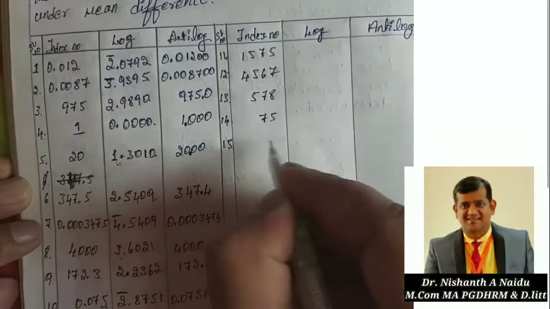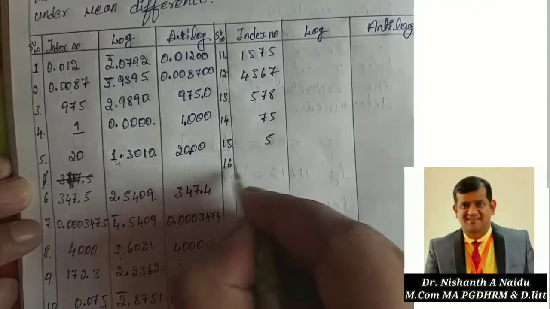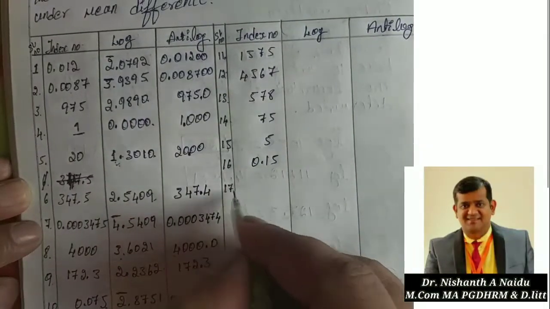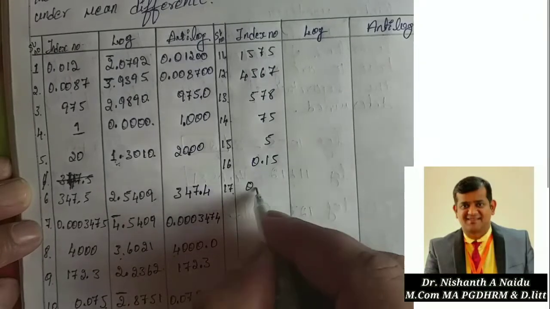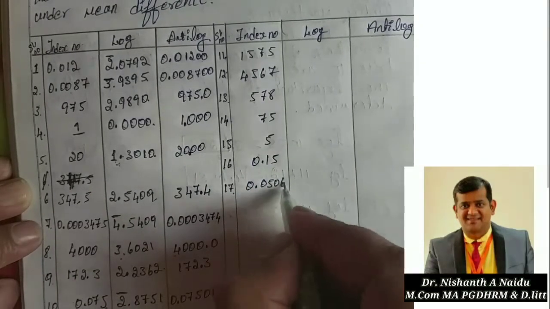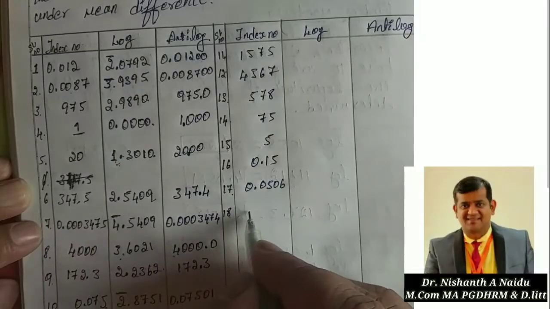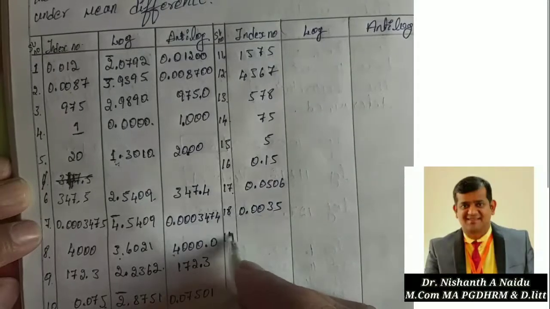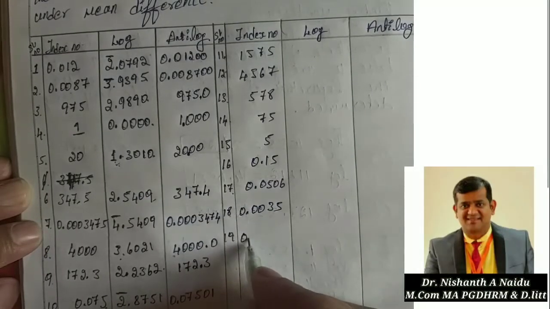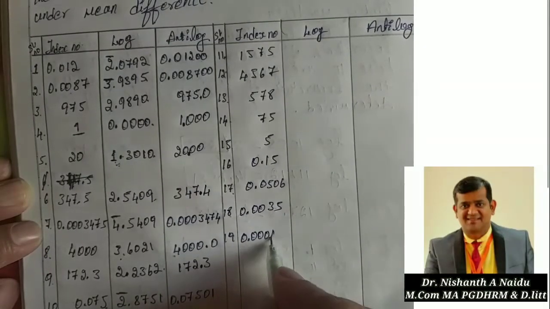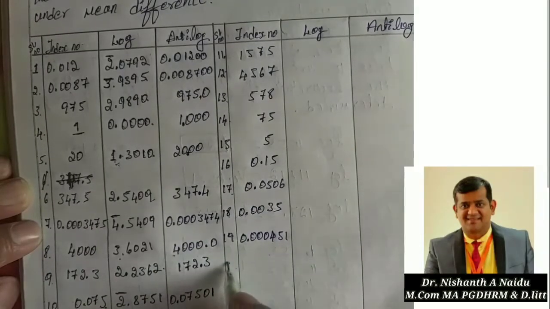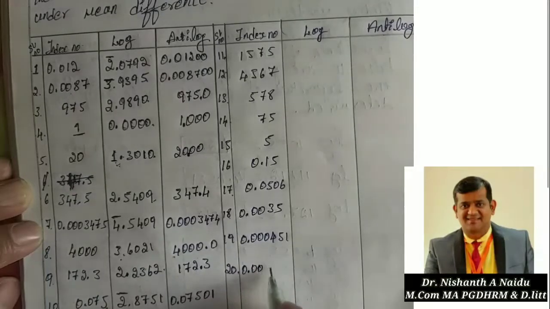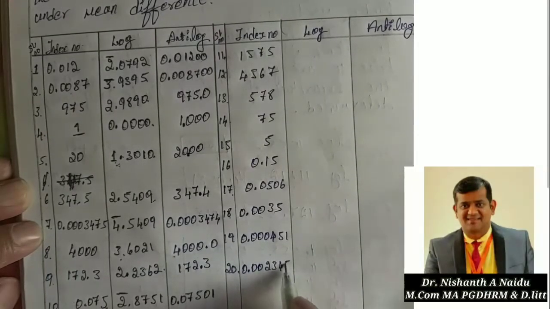Then the 15th number I am giving you is 5, the 16th number is 0.15, the 17th number is 0.0506, the 18th number is 0.0035, the 19th number is 0.00451, and the 20th number is 0.002345.